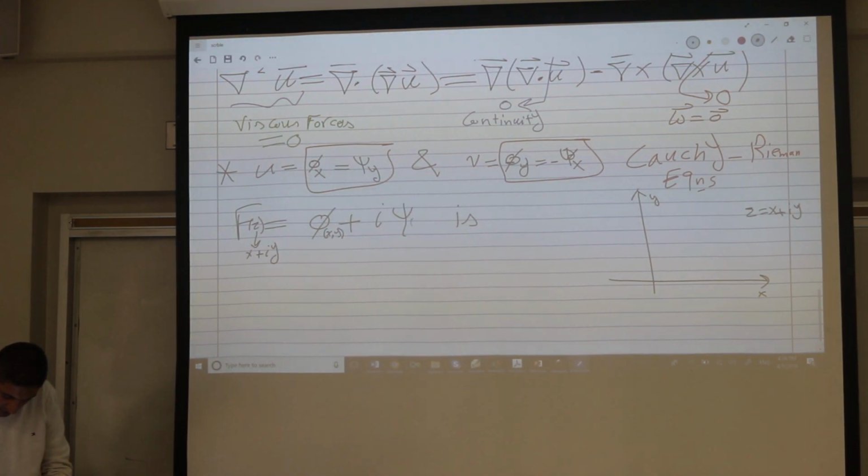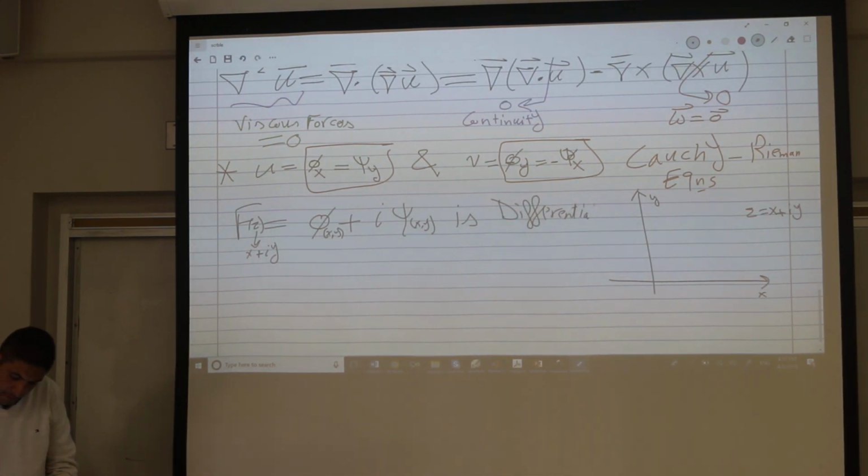Then the function is differentiable. What's so important to prove differentiability in complex analysis? Because if you have a function simply in real numbers, a function of x, and you differentiate once, it doesn't mean that you can differentiate twice.